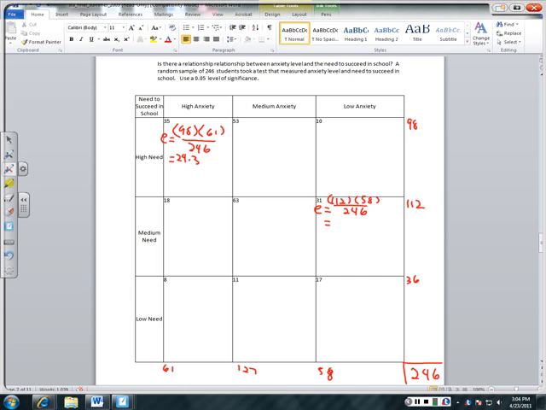That's about 26.4. And now I'm just going to write down the expected values, and the rest of these you can verify if you'd like.